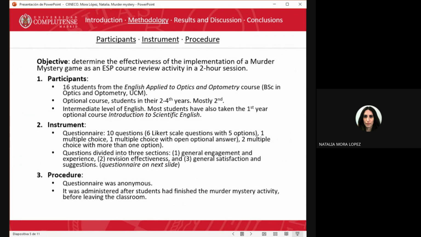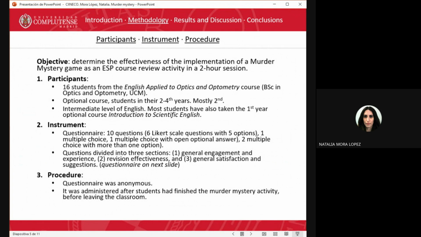Some weeks here before a long weekend in May is also very good. Because many students are not from Madrid, so they have to go to their villages, cities, towns. So I don't have all the students in my class. I try to pick the day very carefully so that I don't have all the students. In this case, I had 16.